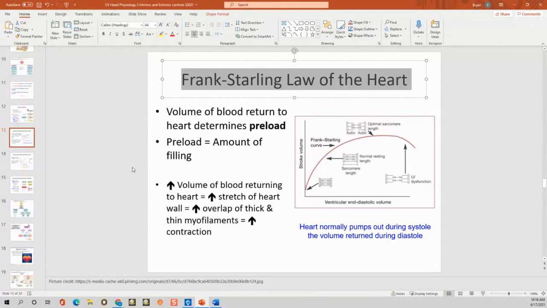More blood in, more blood out. It's really that simple when it comes down to it. Frank Starling law of the heart: as more blood enters the heart, more blood will leave the heart. Unless there's heart failure. But in normal physiology, more blood in, more blood out.